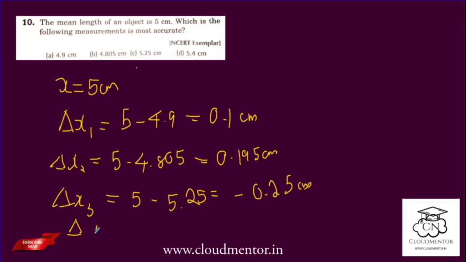And delta x4, which is option D, is equal to 5 minus 5.4, which is equal to minus 0.4 centimeter. So which is the most accurate, or the closest to the value? The difference must be the least one. Option A is the right answer, because 0.1 is the least from all these options. So option A is the most accurate measurement.